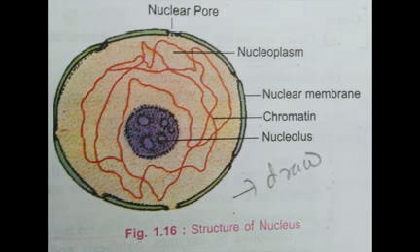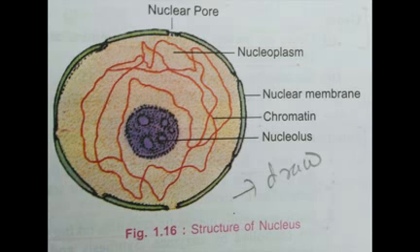It is a double-layered membrane with a space between the outer and inner membrane. The membrane is perforated, meaning several small pores are there, called nuclear pores, which allow exchange of materials between the nucleus and cytoplasm.